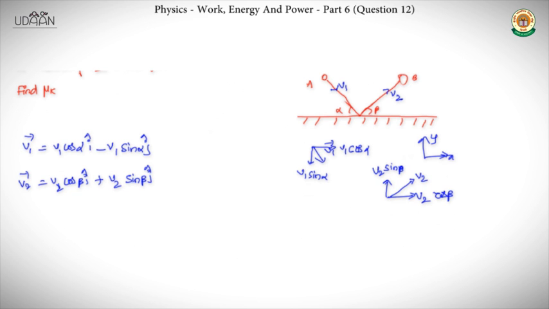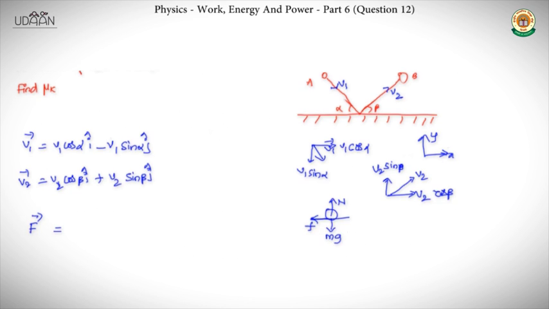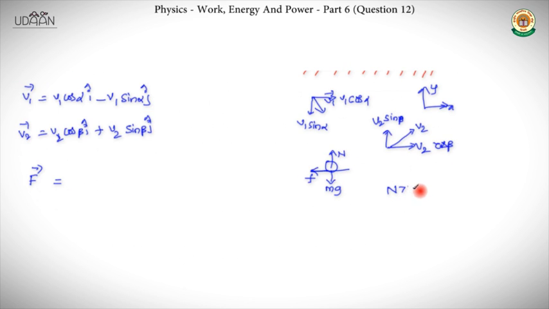So we will be writing the forces also in the similar way. Forces, when the body just hits the surface, we will be having the frictional force, gravitational force, and also the normal reaction. At the instant where it just hits the surface, normal reaction will be very high compared to mg, so we don't consider the mg in the force equation.